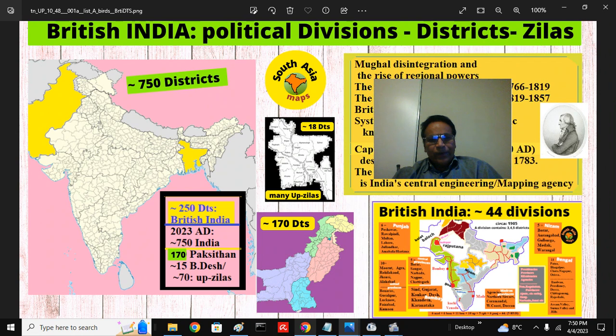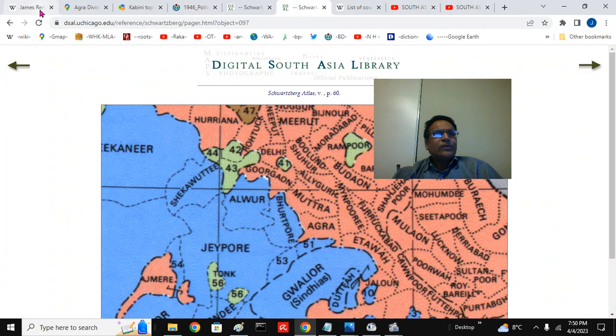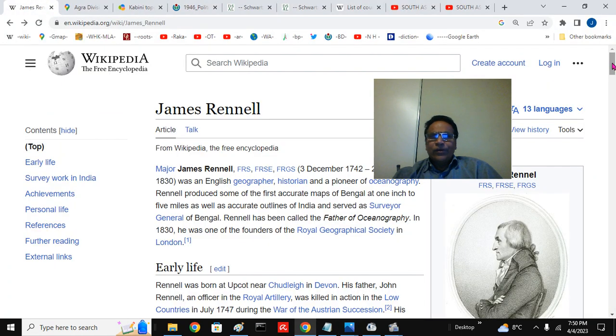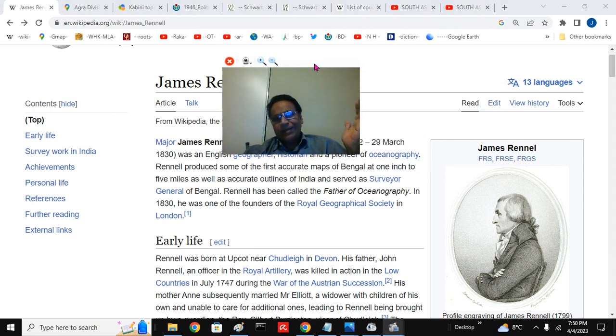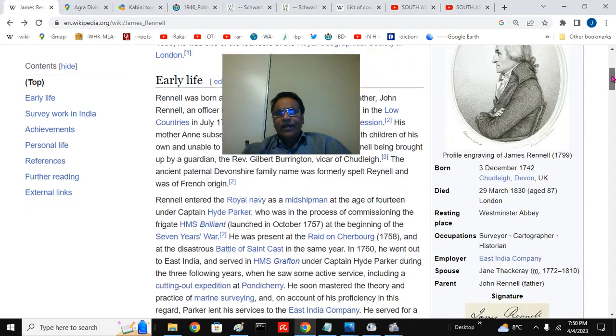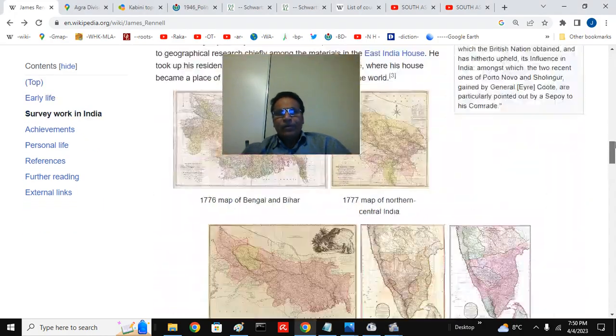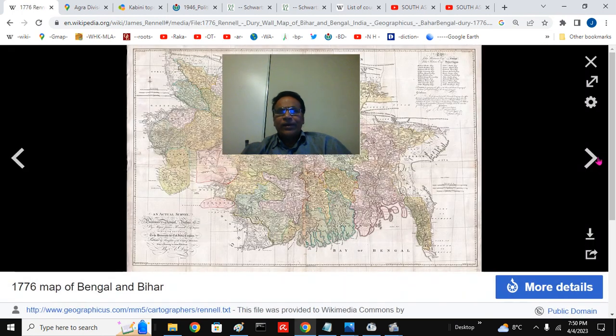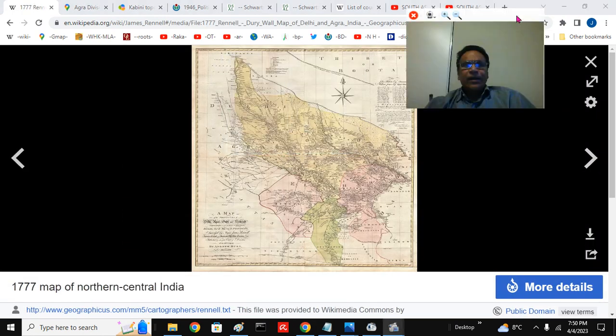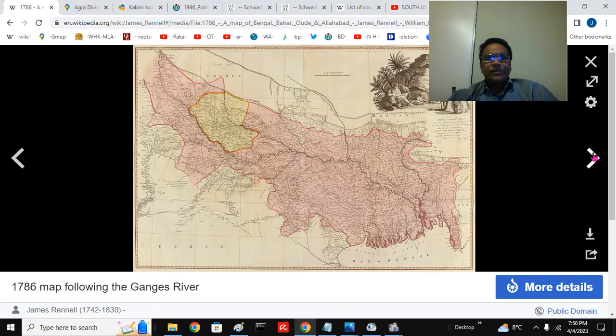And here we can see James Rennell, the geographer during Warren Hastings, the first Governor General, who ruled from 1774 to 1785. He first mapped very important political maps of India. You can see here the Bengal political map and the United Provinces political maps and so on.